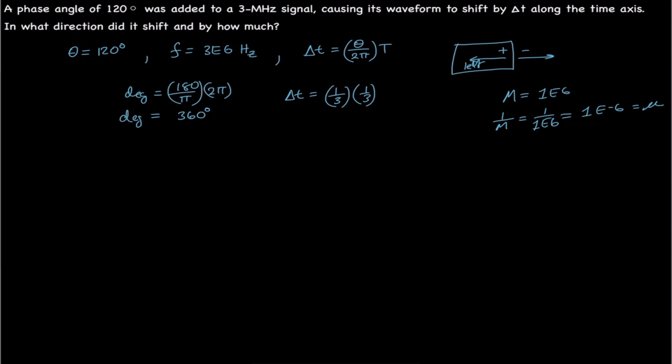So mega, 1 over M, is equal to micro. Thus we have a shift of 1 over 9 microseconds.